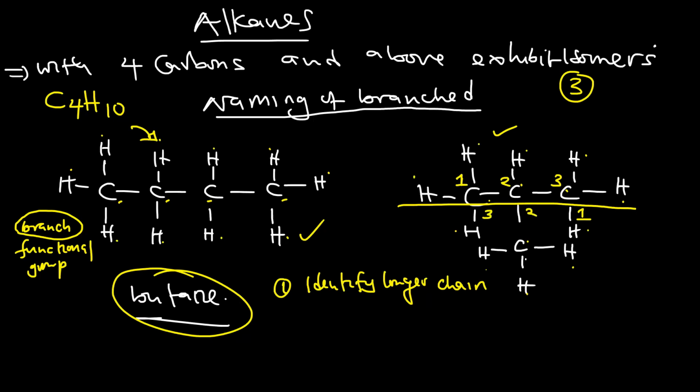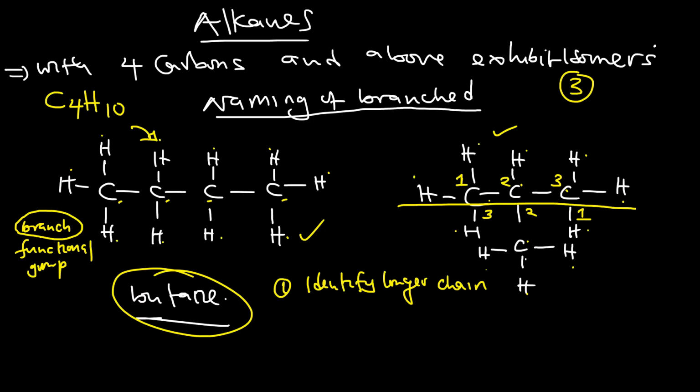Now what we want, or why I'm doing so, is to have the counting that gives us the lower number in terms of the position. So which one is going to give us the lower number? So when we count, in both cases, the branch is at 2.